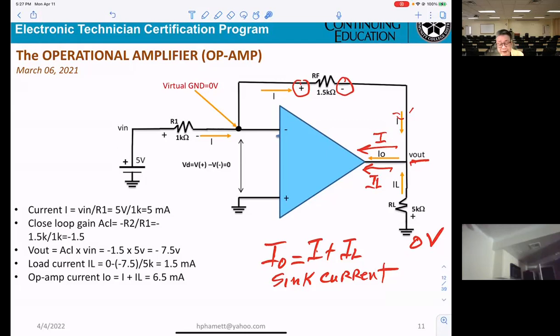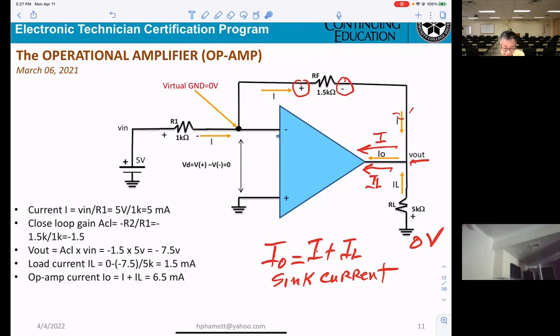That would be sink current. If the current comes out of the op-amp, that later on will be source current. Okay? And if you read it, you can calculate the current I equals V in divided by R1, R1 right here. So you get 5 volts divided by 1K, you get 5 milliamps.